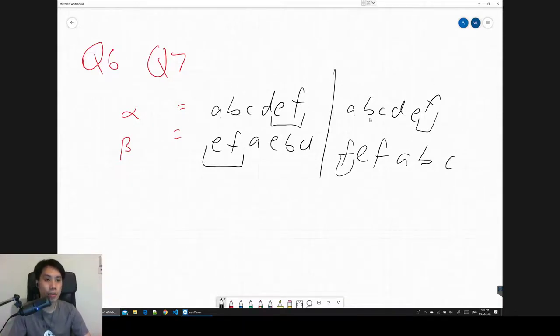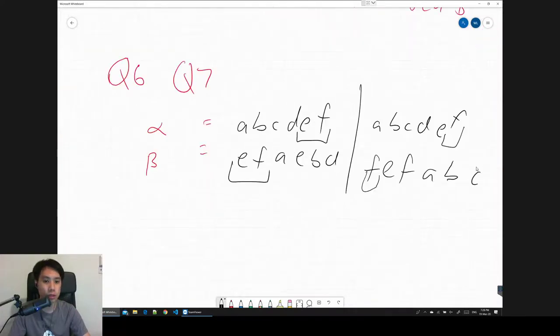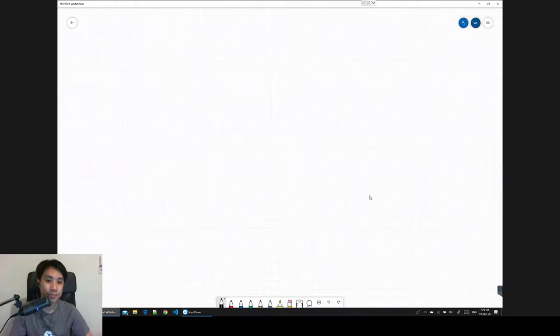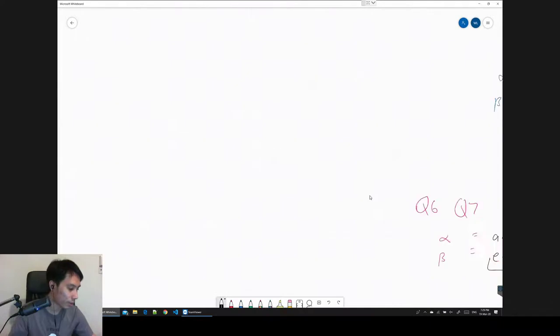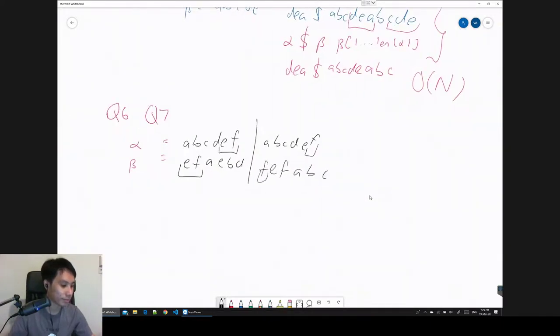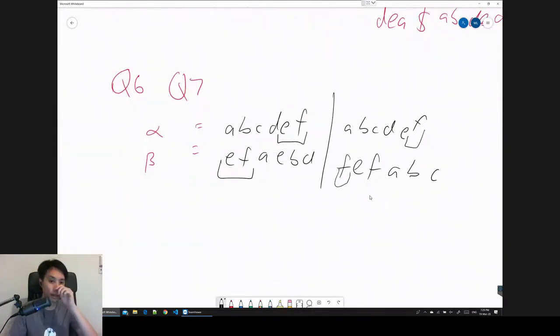So how can you make use of the Z algorithm to actually find it? Okay, how can you use your Z algorithm for you to find it?